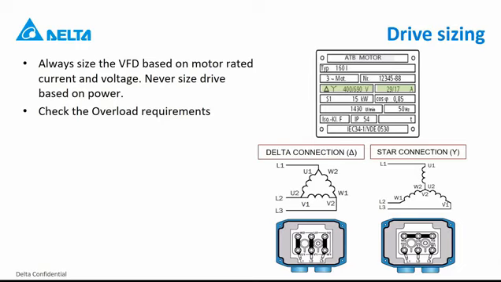Sometimes you need 180% or even 200% overload if you are working with a crane or an elevator. In those cases, if you size the wrong drive, it can happen that you just get an overcurrent fault because the drive will not be able to deliver the overload that the application requires.